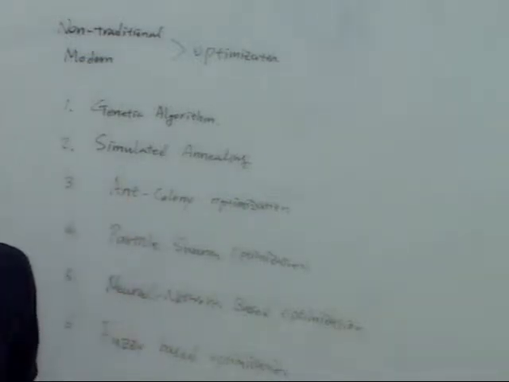We are trying to mimic this behavior of genes and their evolution, and utilizing this evolution, we are trying to optimize something. That's a genetic algorithm. And simulated annealing is a kind of physical process.